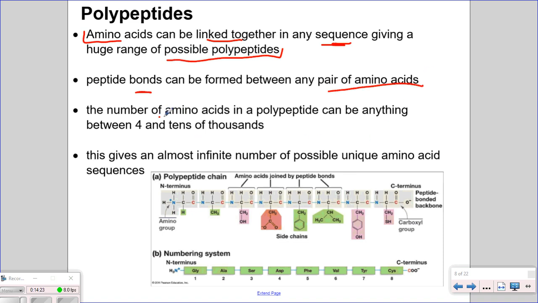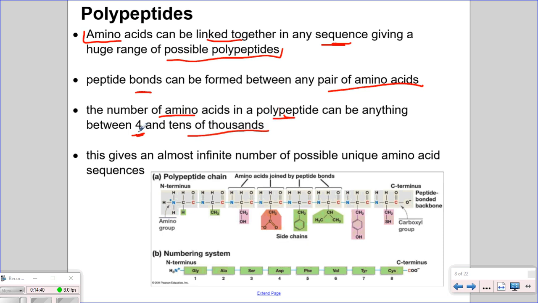And then the number of amino acids in a polypeptide can be anything between 4 and tens of thousands of amino acids. I think the most common number is somewhere in the hundreds to low thousands of amino acids.